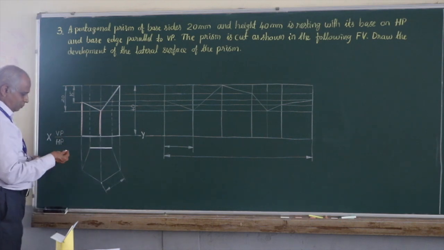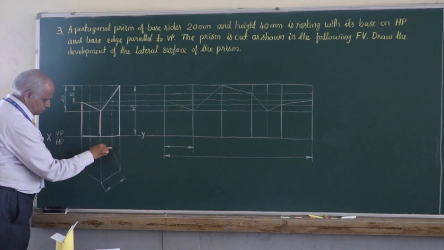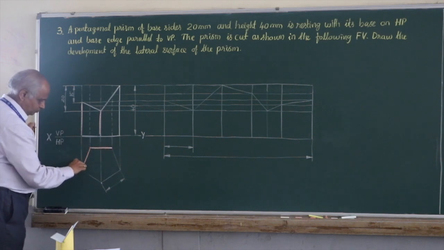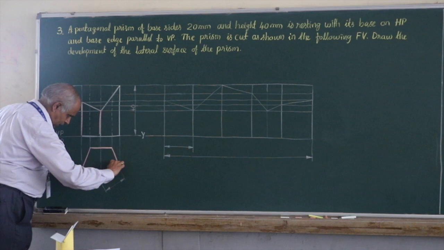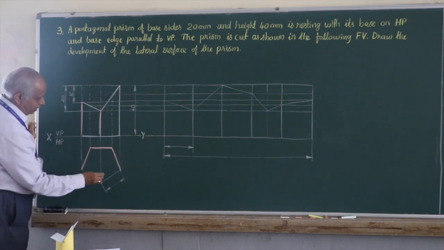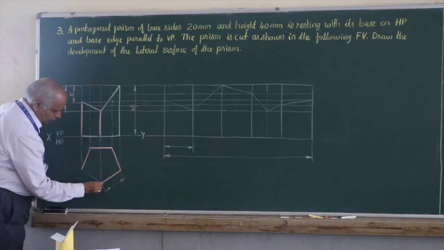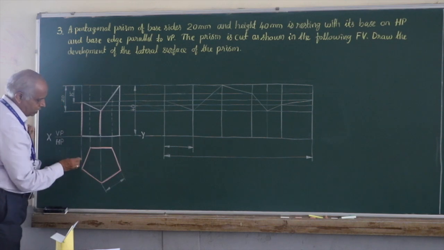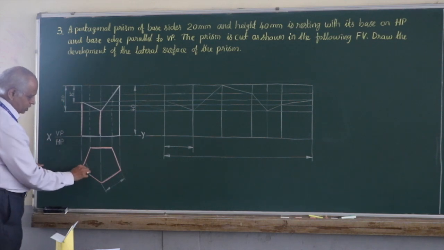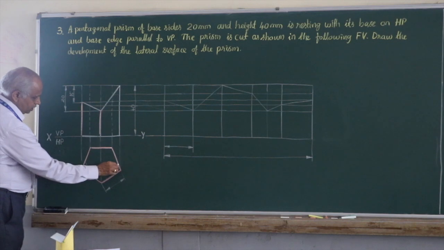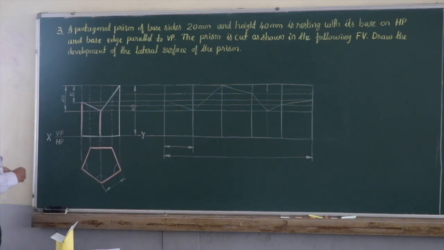Now therefore draw the pentagon with one edge parallel. Remember, each side of the pentagon has to be of 20 mm and the included angle 108 degrees everywhere. So whether you measure here or here or here, it should be 108 degrees only.